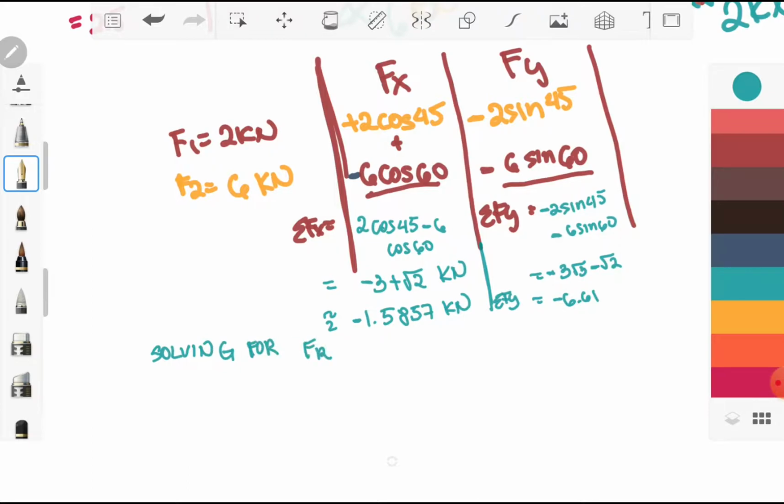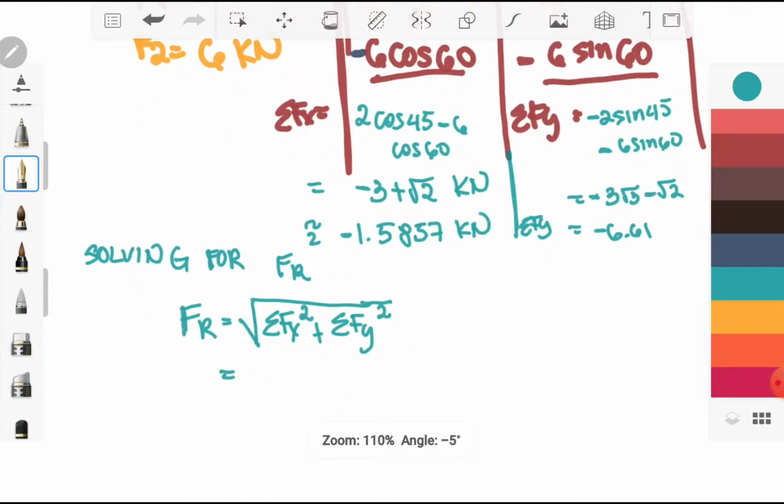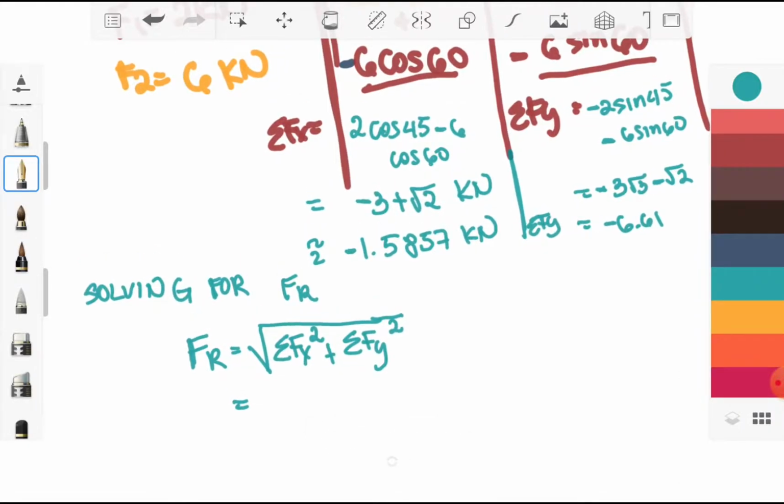So we have FR equal to the square root of the summation of Fx squared plus the summation of Fy squared, which is equal to the square root of 1.587 squared.